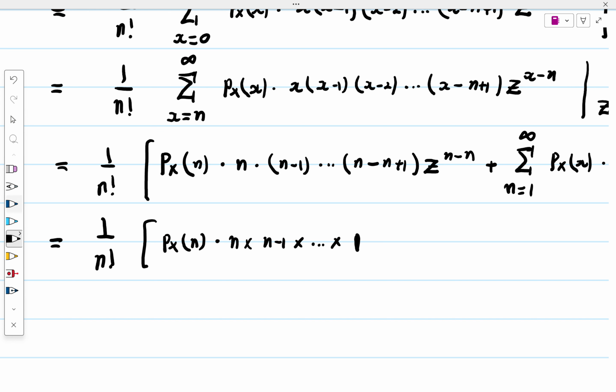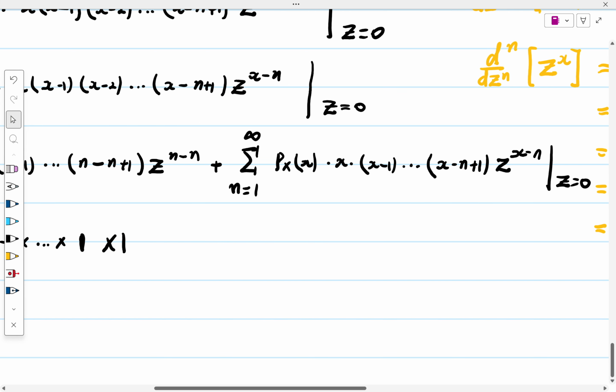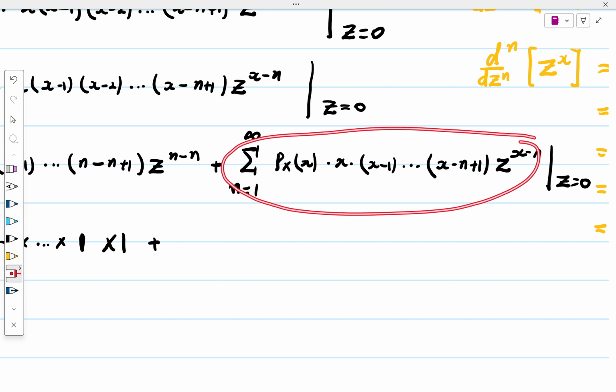And then what's another thing we recognize in the simplification? The z to the n minus n collapses to z to the 0, and anything to the power of 0 is 1. So we also get a times 1 here. And of course, the next part is to recognize that when z is equal to 0, we're looking at this summation now.